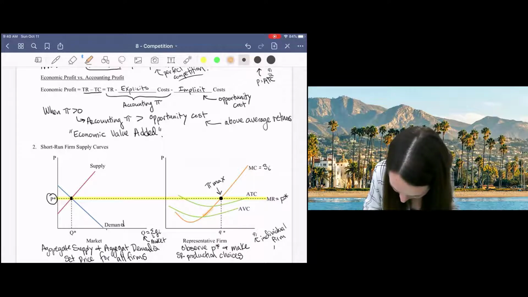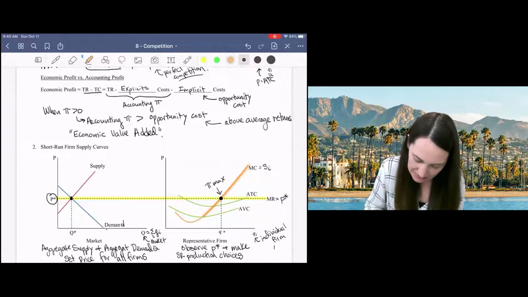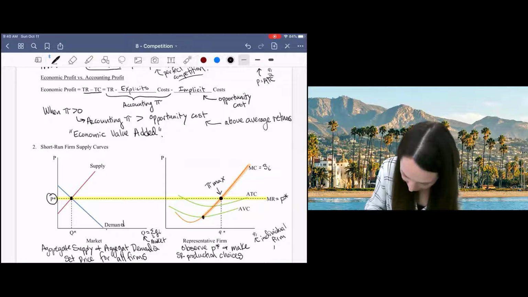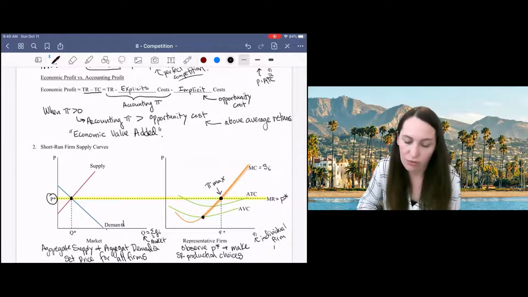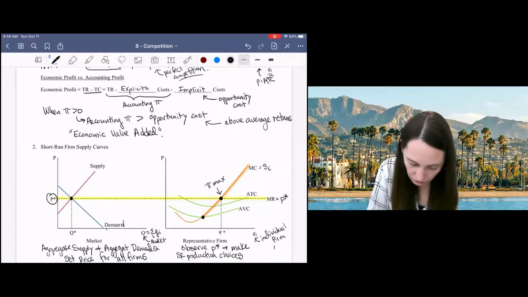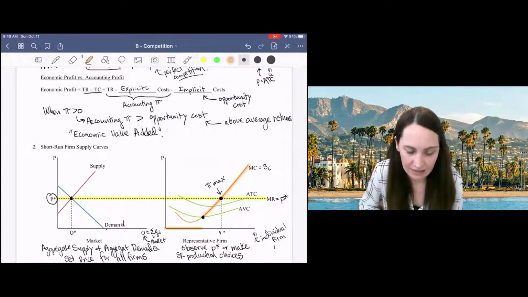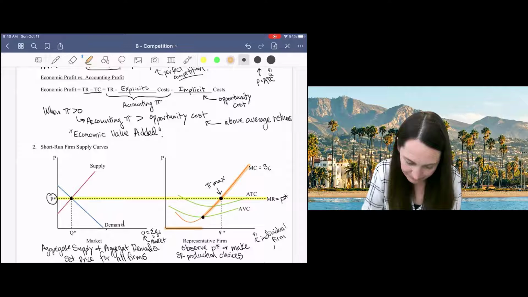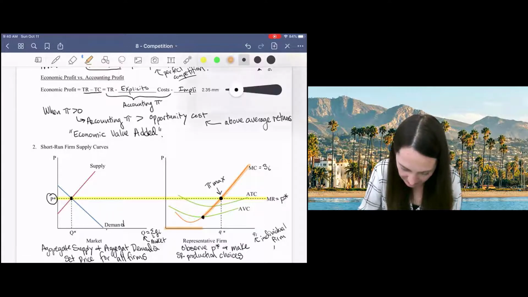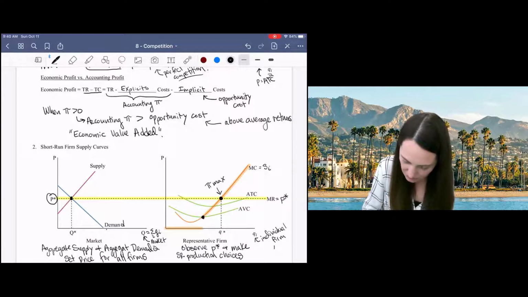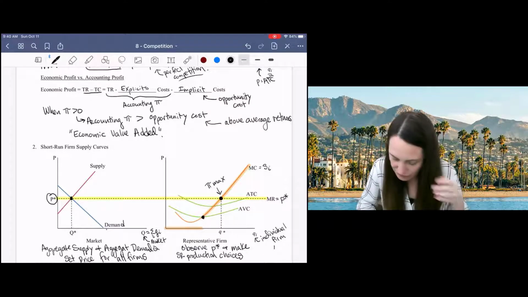Then the firm supply curve is equal to marginal cost as long as it is above this average variable cost curve. For prices below that average variable cost curve, the firm supply would be at 0. So here we have our supply curve for the individual firm equal to marginal cost.